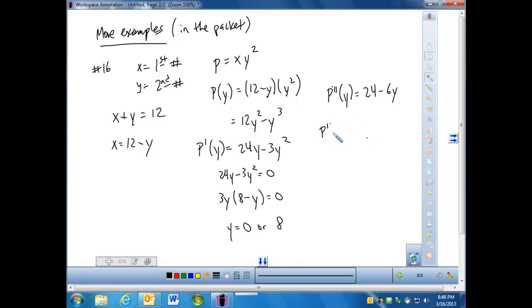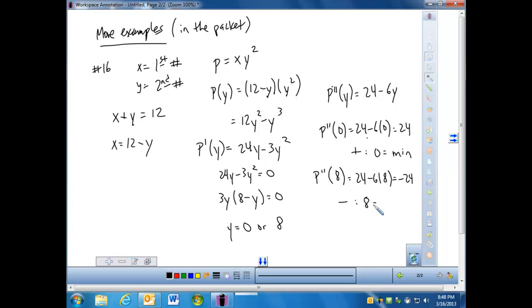So when I plug in 0, I'm going to get 24. 24 is a positive number, which makes this concave up, which makes my critical value a minimum. It's not what I want. The problem asks for a maximum, so if I plug in 8 now I get negative 24 for an answer. That is a negative number, obviously, which makes my critical value a max.